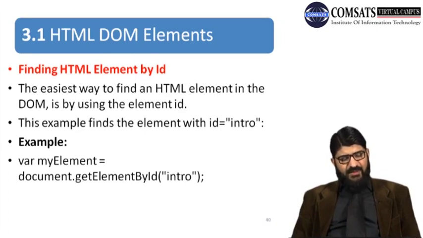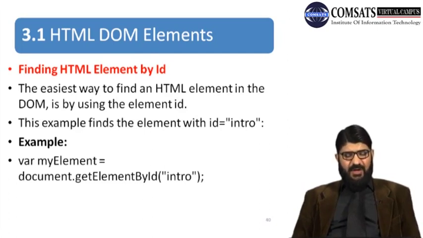Let's see the code for it. The variable name myElement is given, and then document.getElementById, and the intro, that is the ID, is mentioned. In this way you can find the particular element by ID, and you can perform the respective actions that you want to do using HTML DOM.